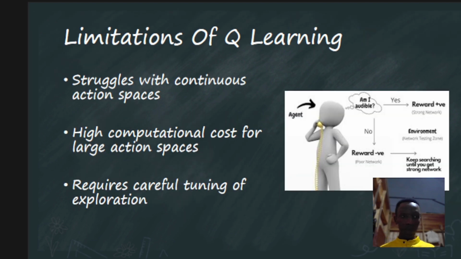Going further to the limits. It struggles with continuous action spaces. It works well in discrete action spaces, like going to the right, to the left, moving in different directions.